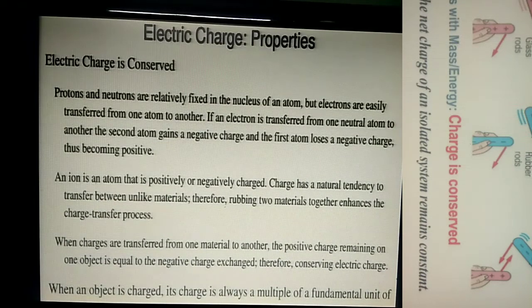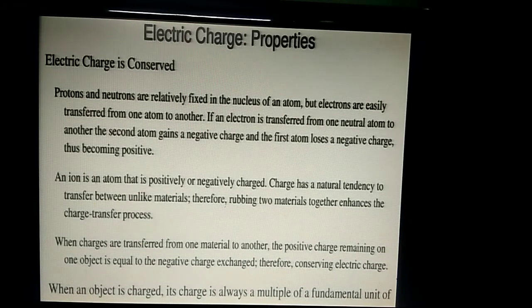An ion is an atom that is positively or negatively charged. Charge has a natural tendency to transfer between unlike materials. Therefore, rubbing two materials together enhances the charge transfer process.